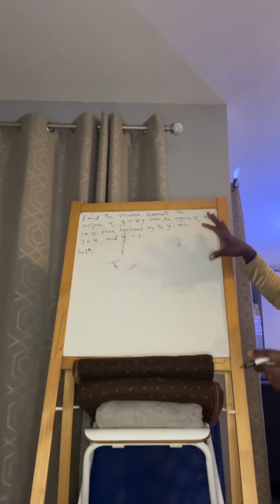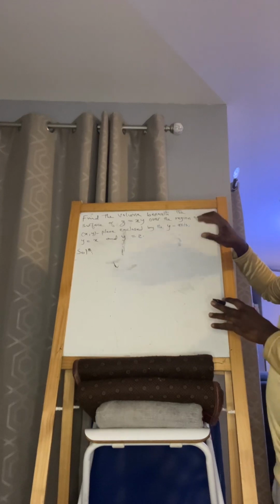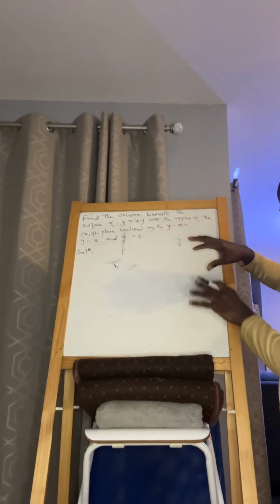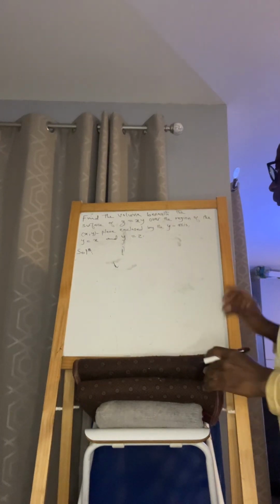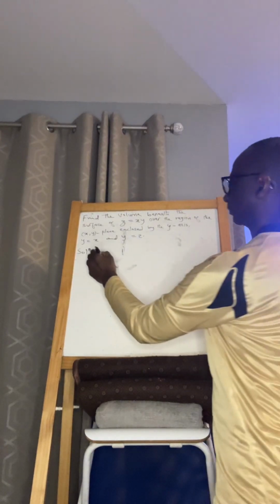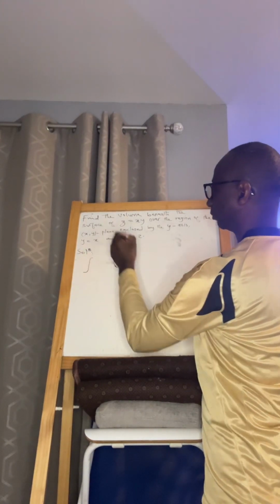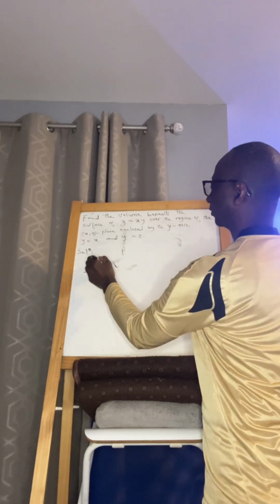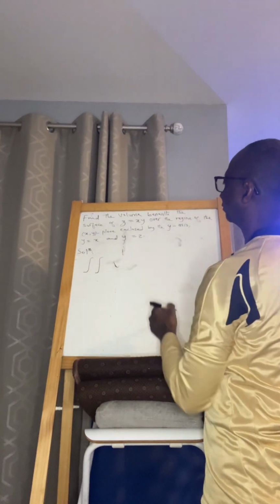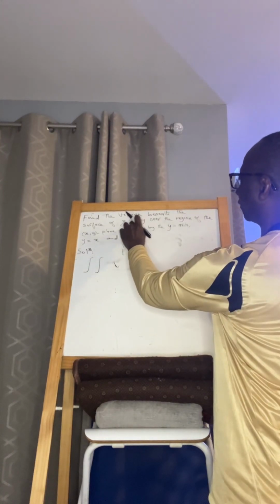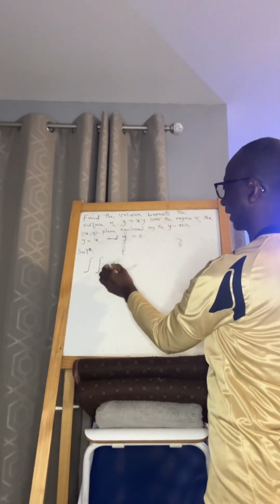First, this is a wording. We're going to interpret it in a mathematical format. It's double integration. So you have your integral sign, you have another one, and you are given this function, z equals xy.